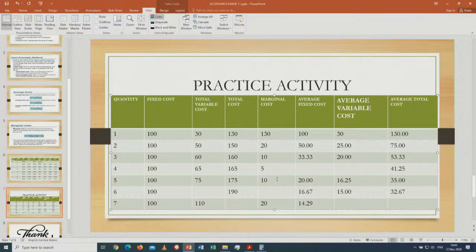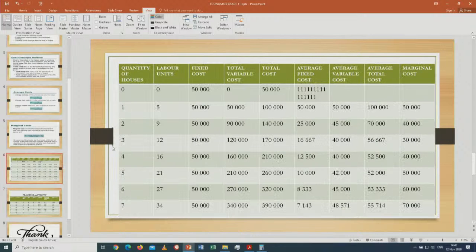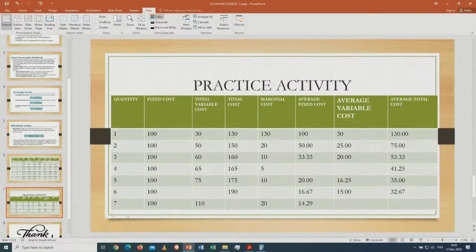Right, then we have the 5 as our extra cost. Somewhere here, I think we made a mistake. I'm not sure what we did not do. Okay, let's go on. I'll check. I'm not sure what it is that I did not do right.